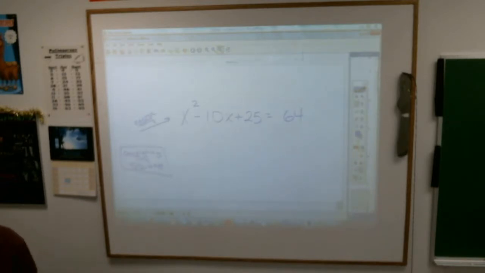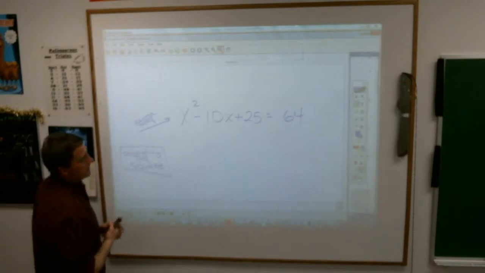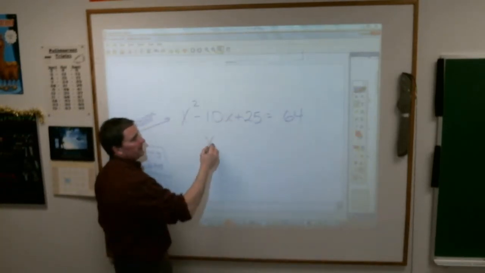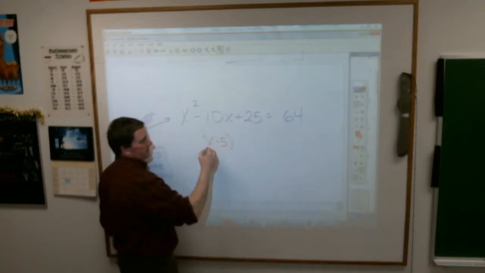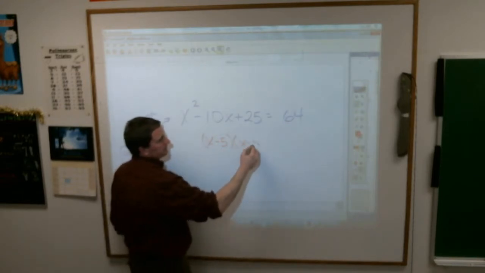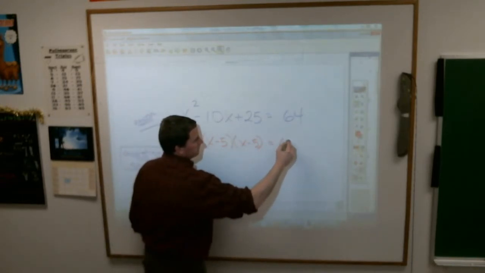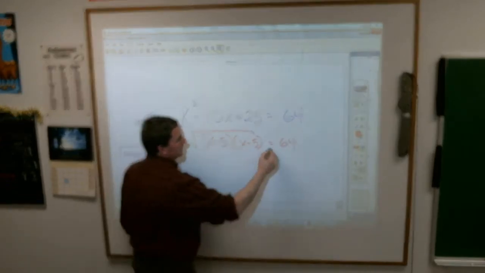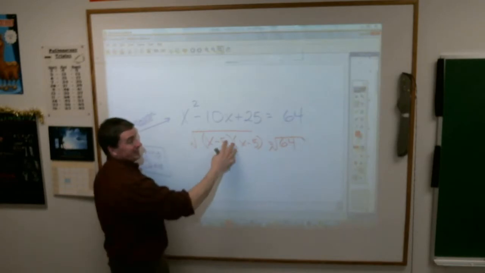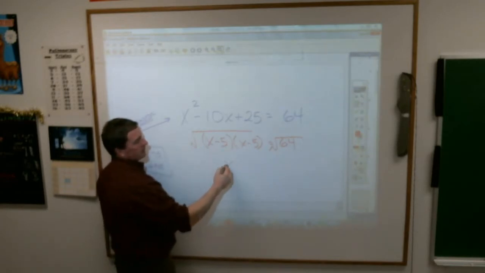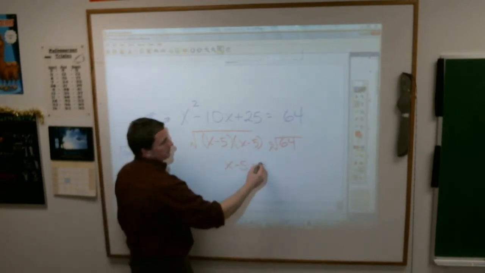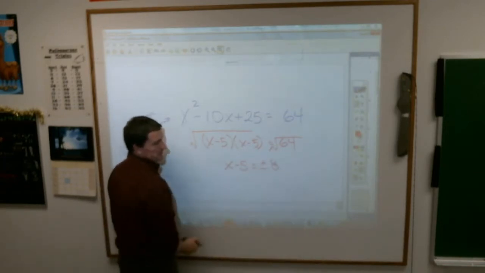So we ended up with, let's hope you factored this, x minus 5 times x minus 5. You took the square root of both sides. Two identical factors give you that factor, so I get x minus 5 equals the square root of 64, which is 8, so plus or minus 8.